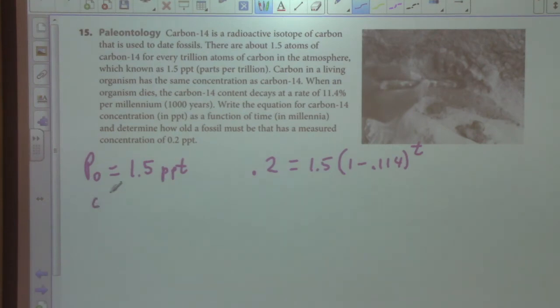We'll call concentration C of t, and it's going to be equal to 1.5 times 0.886 to the power of t, and t equals 60.646818. Huh? t is millennia, right? So t is equal to 1,000 years, right?